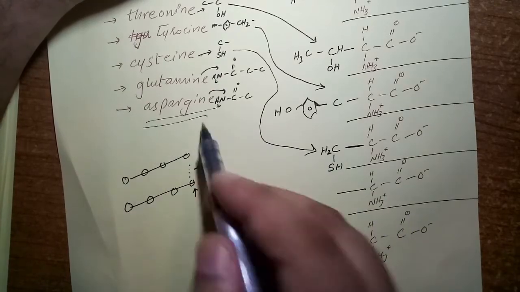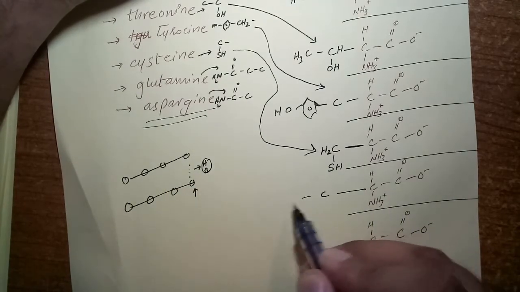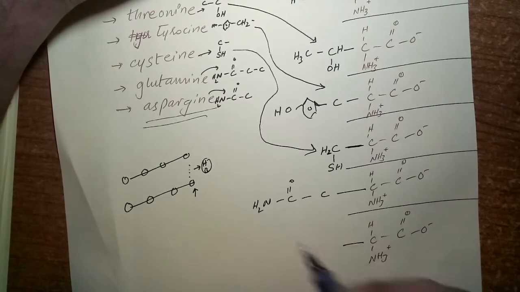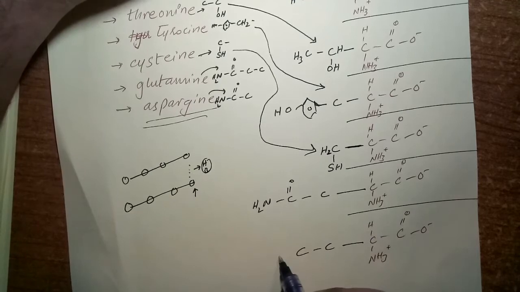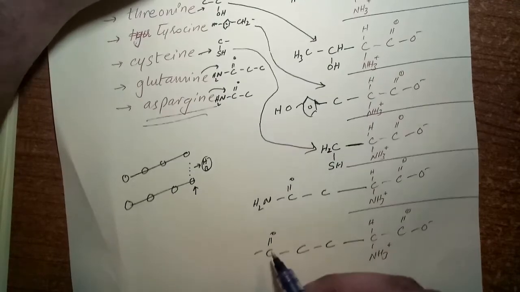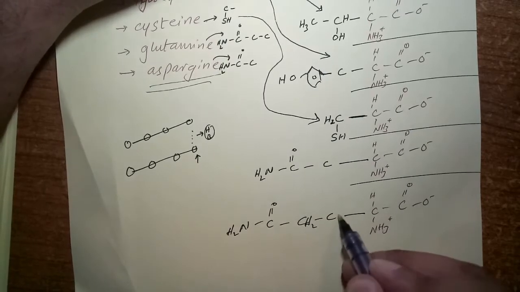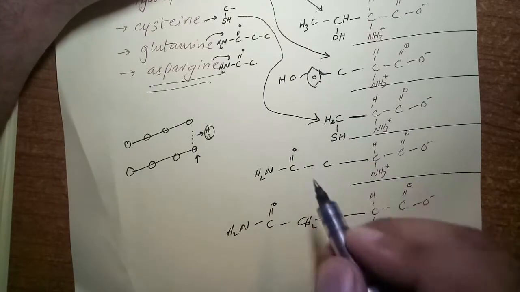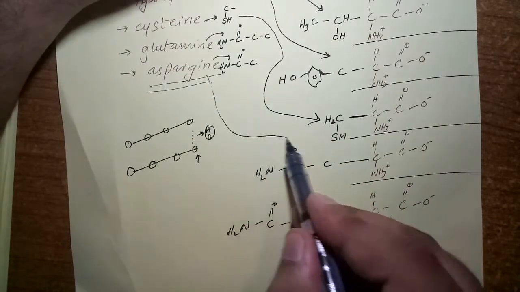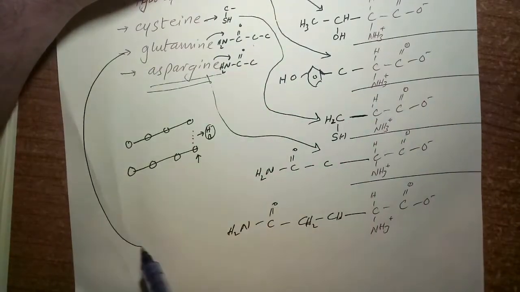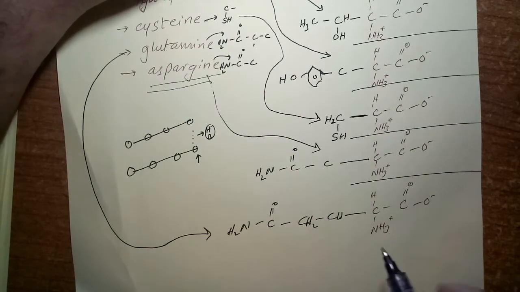I'm going to make asparagine first. I'm going to place 1 carbon, then a carbonyl, and then an amino group again. Then I'm going to place 2 carbons around here, then a carbonyl, and then the amino group over here. So that is asparagine, and this thing is basically known as glutamine.